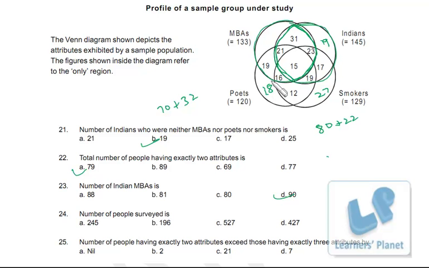And then the total of this circle must be 133. So 31 and 19, 50, 50, 60, 70, 80, 90, 100 and 110 plus 15, 125. 125, that means this must be 8. Now we just have to add up all these numbers.